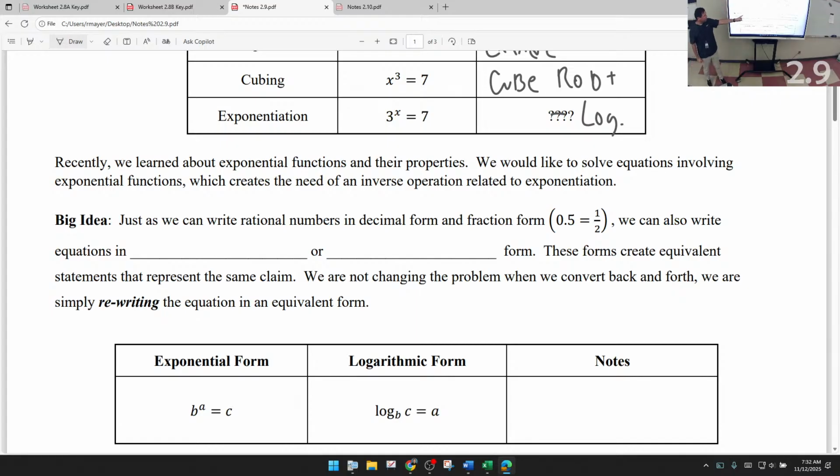So the big idea: just as we can write rational numbers in decimal form and fraction form, we can also write equations in exponential or logarithmic form.